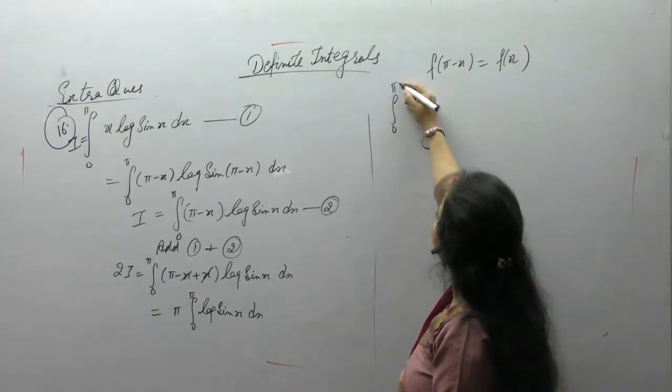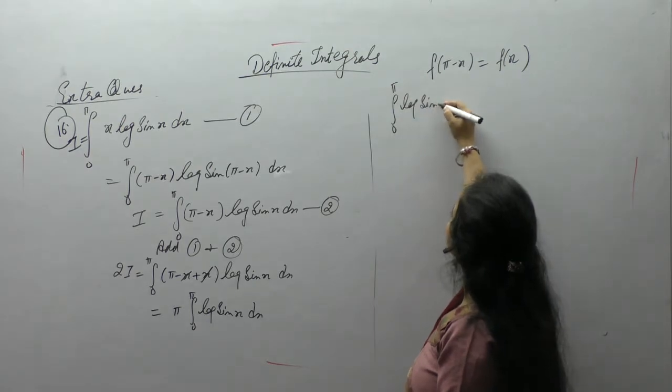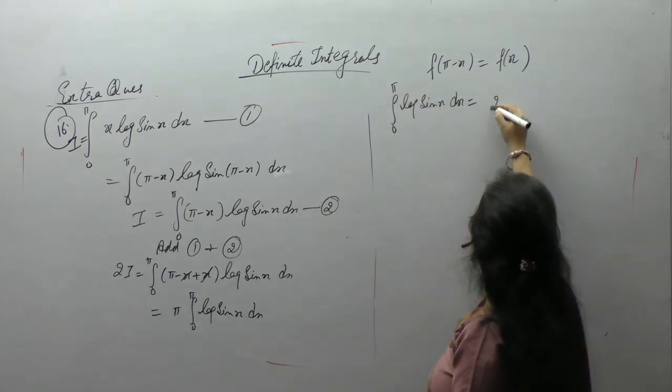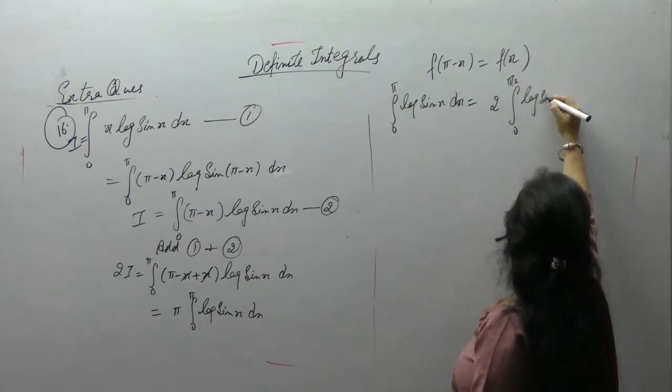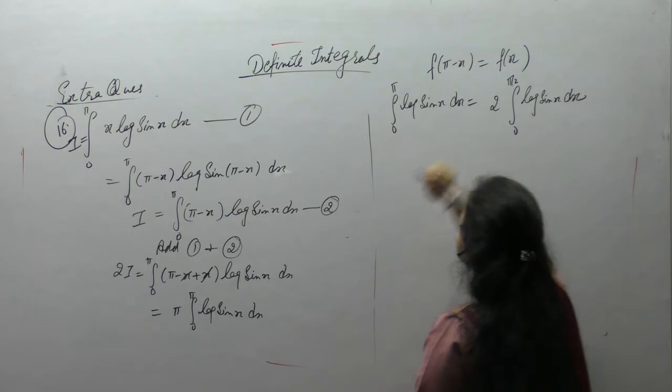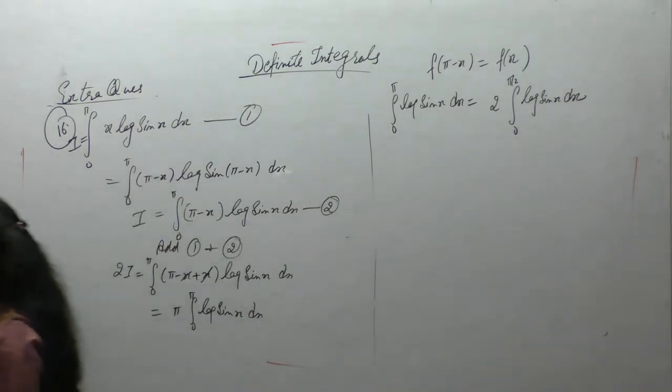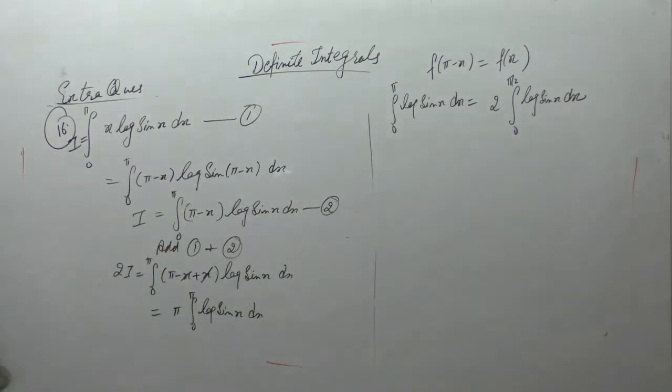Therefore 0 to pi log of sin x dx is equal to 2 times 0 to pi by 2 log of sin x dx.